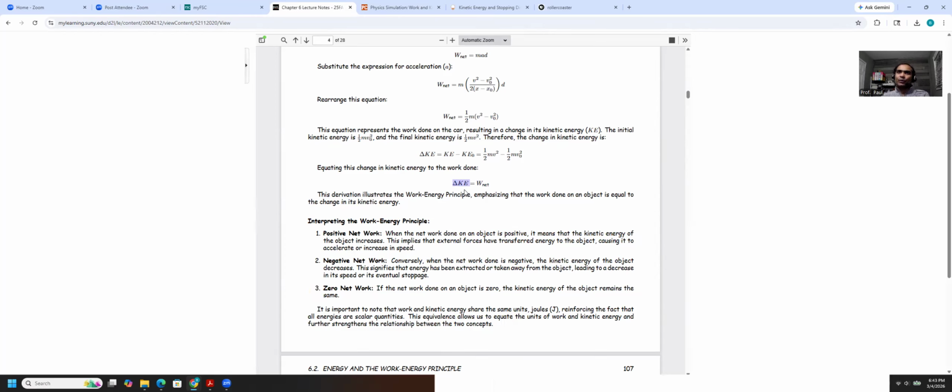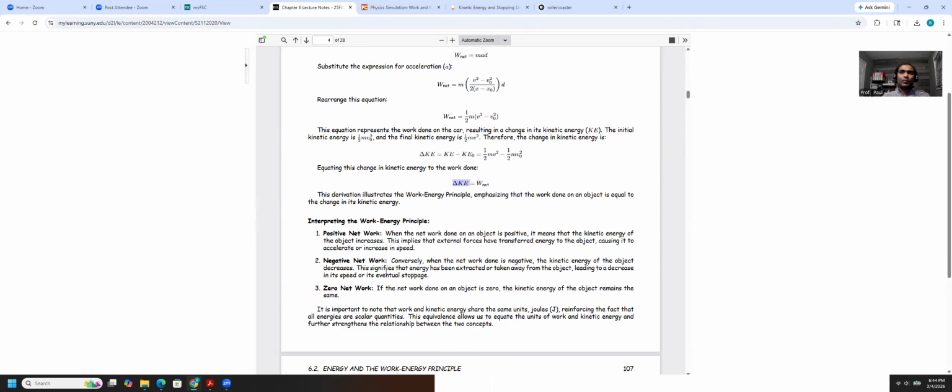That means the change in kinetic energy is positive. So when delta K is positive, kinetic energy is gained by the object. When kinetic energy is gained, it also gains speed. And we already saw that in the simulation.